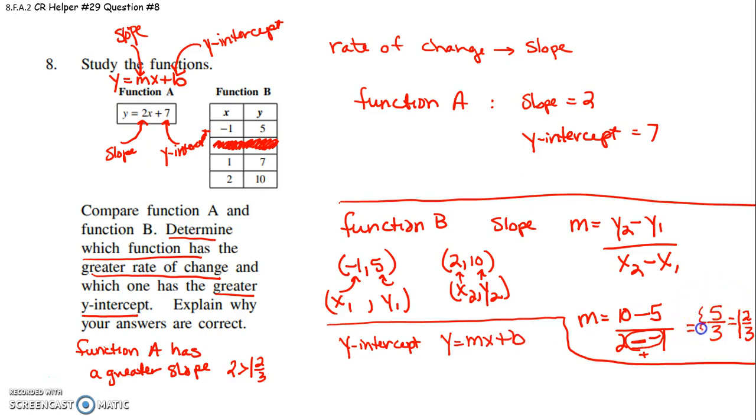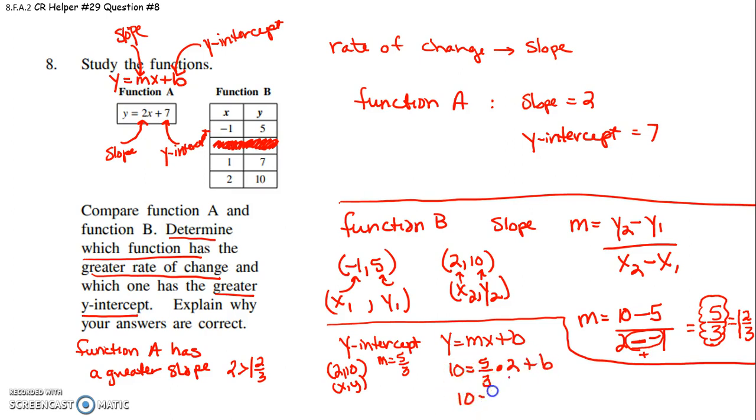I know my m is 5/3, and I have an x, y, which I'm going to use as 2, 10. So in place of y, I'm going to put 10 equals. In place of m, I'll put 5/3 times. In place of x, I'll put 2, plus b.